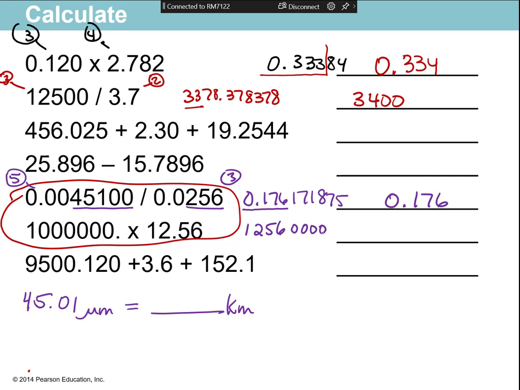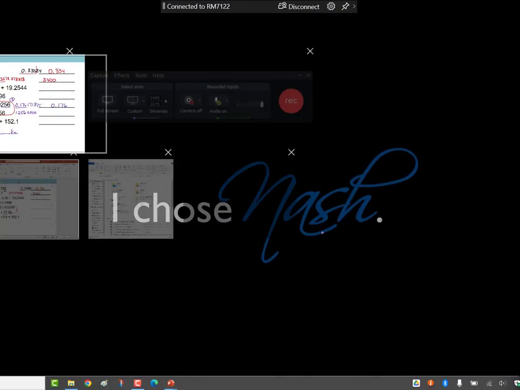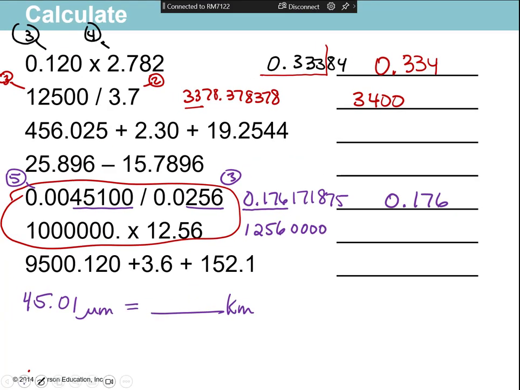Everybody got that when they did the math? How many significant figures in that 1,000,000? There's a decimal place at the end, so it is 7. So there's 7 in this number. What about 12.56? 4. So my answer needs to be rounded to 4.